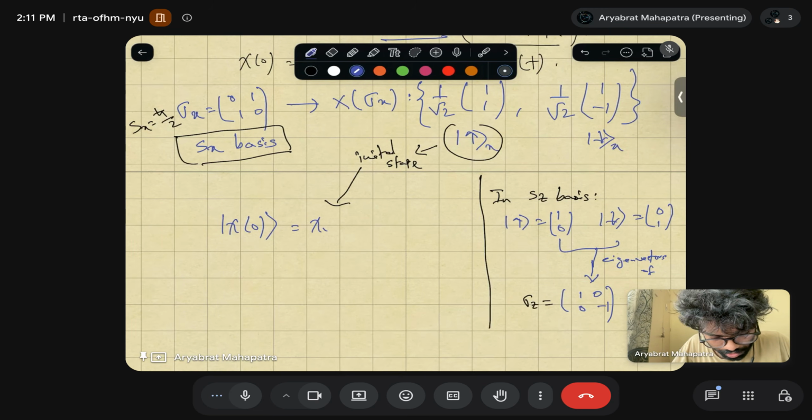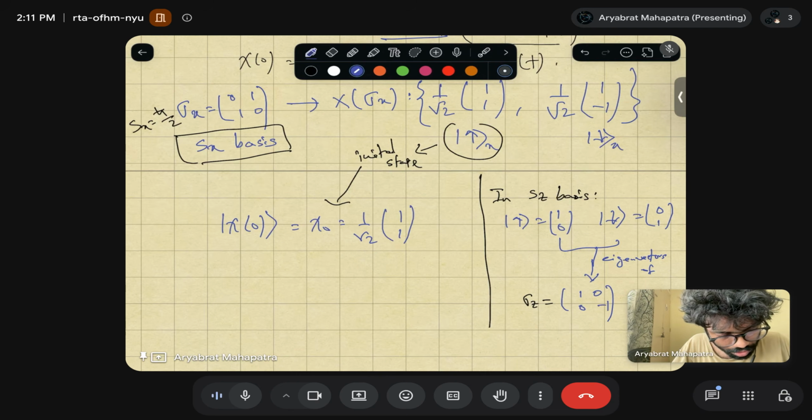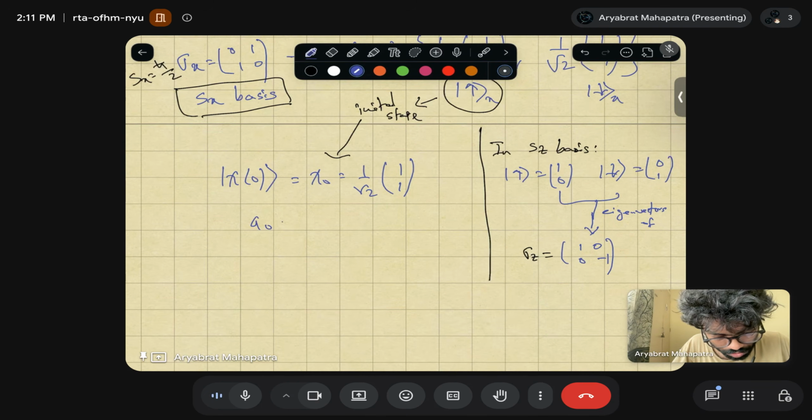Let me write this as chi 0, which is 1 over root 2 times (1, 1). So this means a0 and b0 both equal 1 over square root 2.